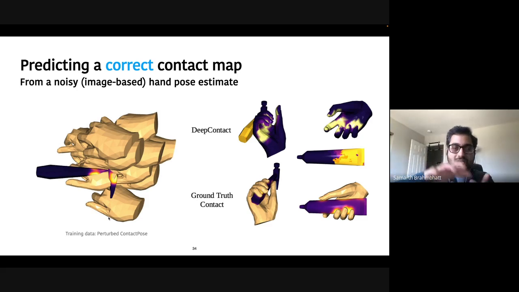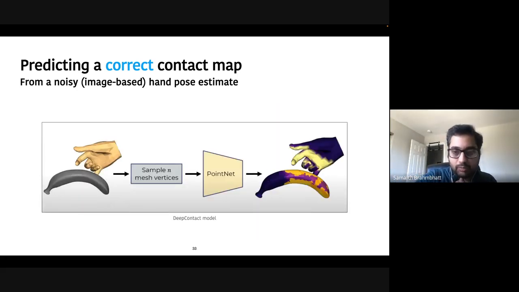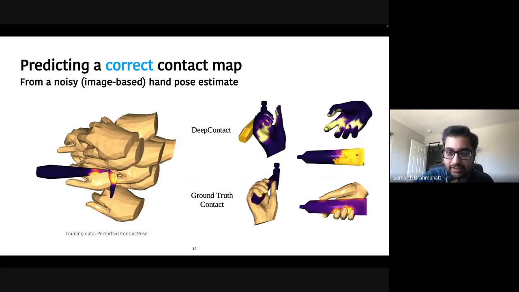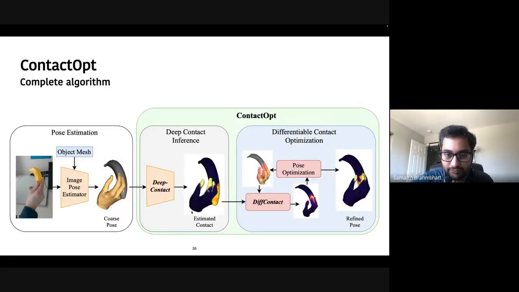So with a noisy hand pose, we can still predict accurate contact maps using a PointNet architecture, and then those estimated contact maps can be used in this iterative framework to improve the pose of the hand and the object.